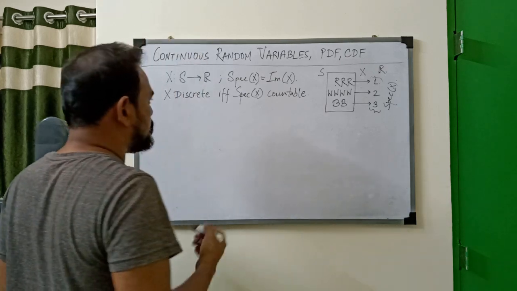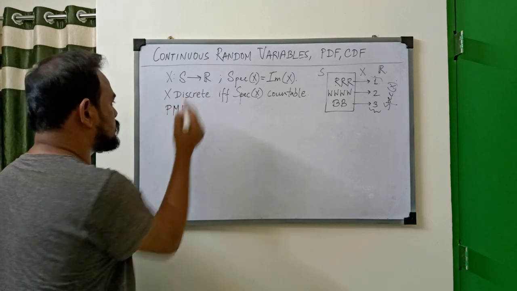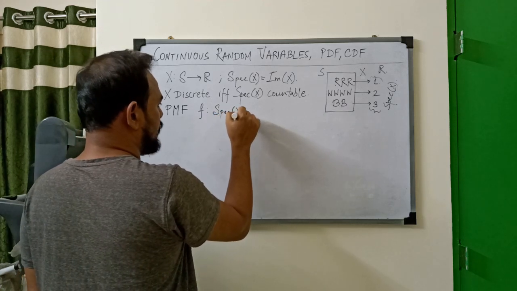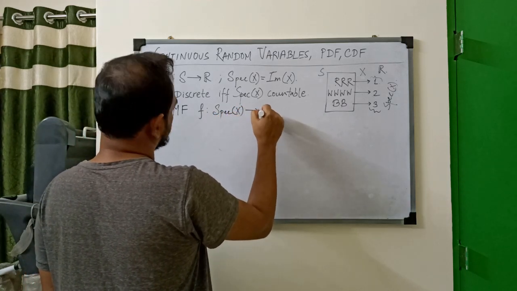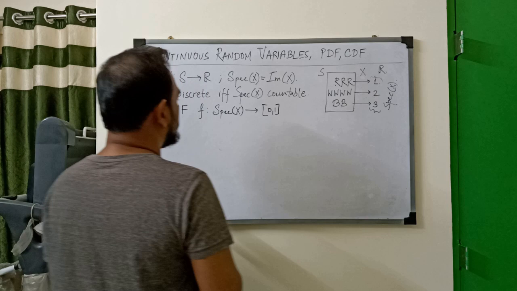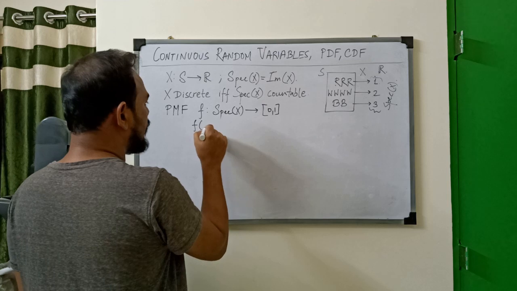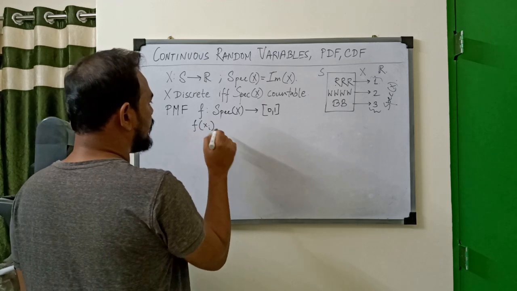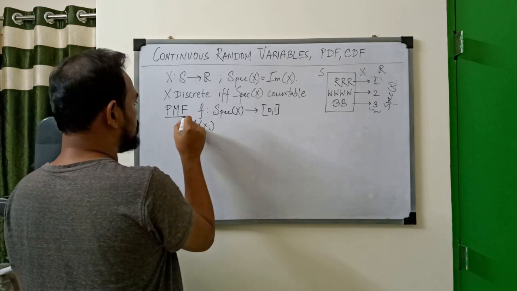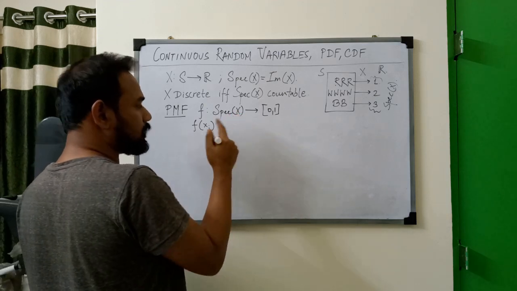We also learned about the PMF. The PMF was a function defined from the spectrum of X to R, but its values were really between 0 and 1, and it was defined by f of any spectral point xi. The spectrum will be countable because we're dealing with a PMF, in other words, a discrete random variable. So you can list the elements x1, x2, x3.